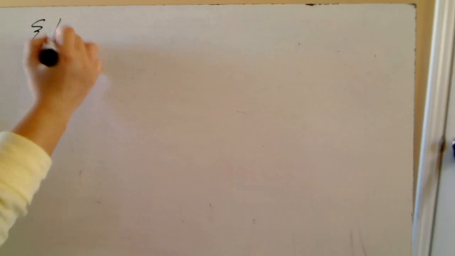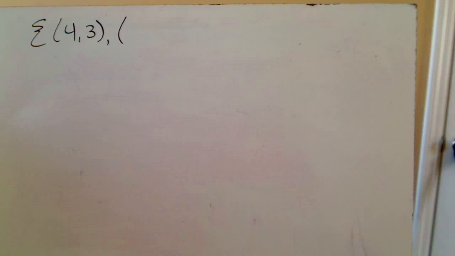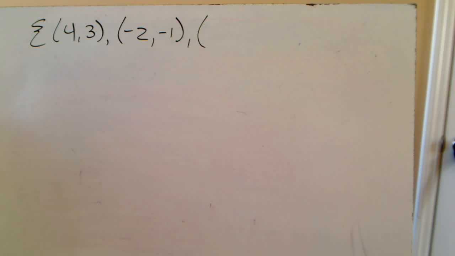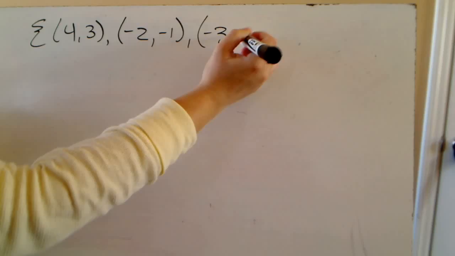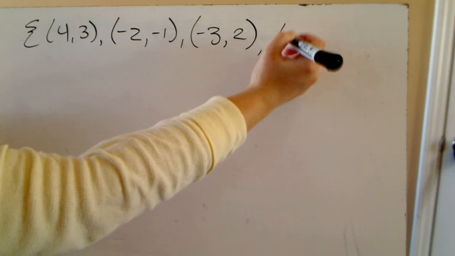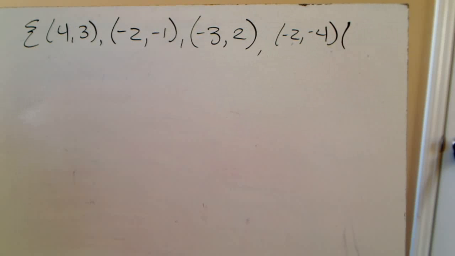That way I'll have them as a reference. We've got 4, 3, -2, -1, -3, 2, and -2, -4, and then 0, -4.